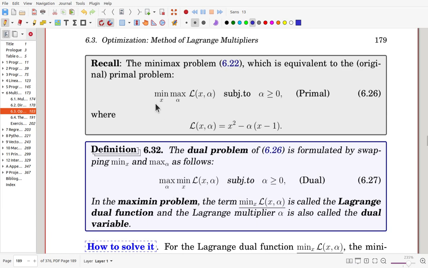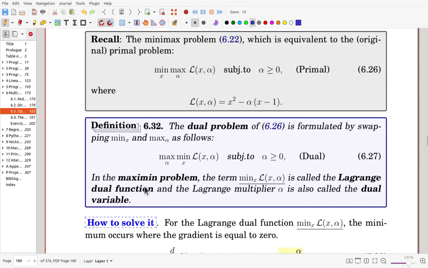Just simply we swap them to get the dual problem. This portion is called the Lagrange dual function, and alpha is also called the dual variable.